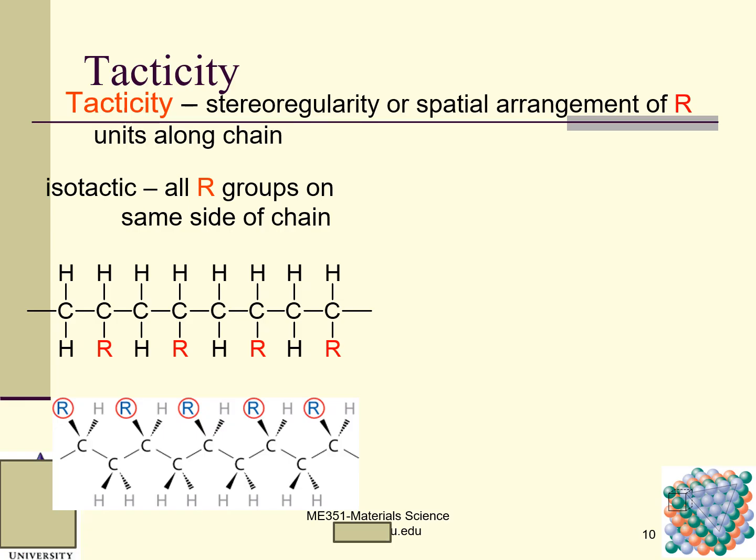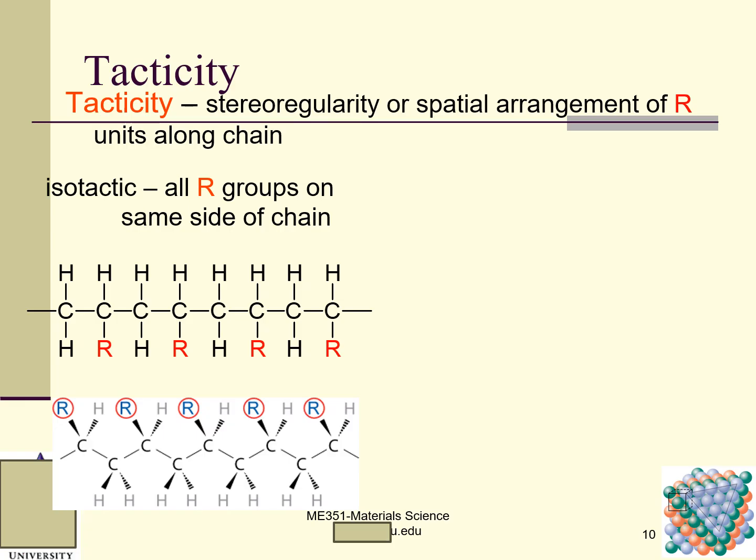Isotactic means all R groups are on the same side of the chain. Here in this context, it means all R groups on the same side.